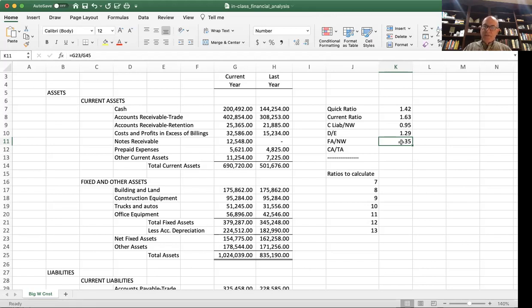And so that's that ratio, and generally that should be much lower than debt to equity. It's two things that are held, right?